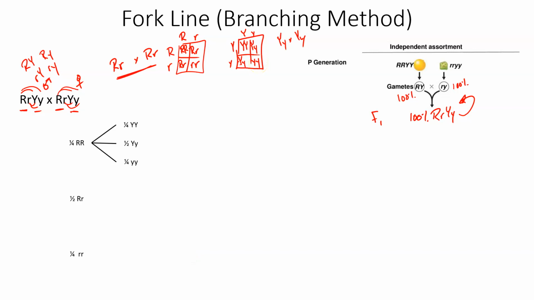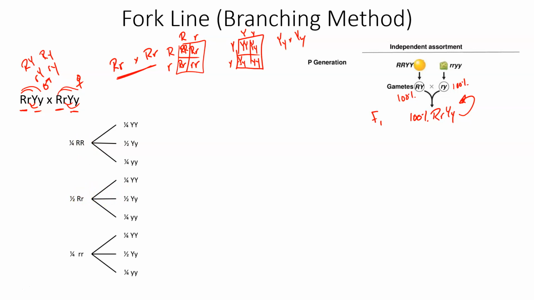In this Forkliner branching method, we're going to take these 3 Y options and branch them off of every R option. So we take these same options, 1/4 big Y and so on, and put them down here as well. Now we have our 3 Y genotypes branched off of each of our 3 R genotypes.